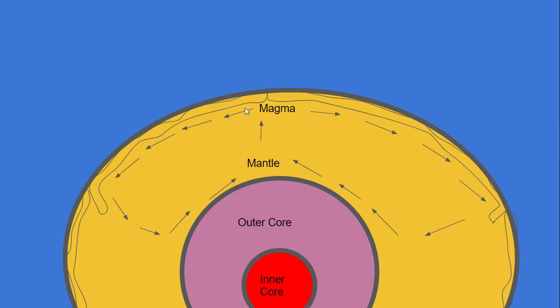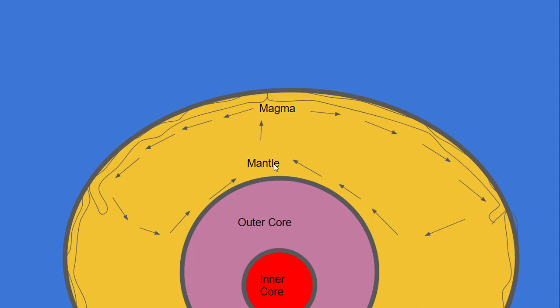This magma lies just below the solid crust. The magma is in liquid form and the crust is in solid form. The core of the earth heats the molten magma.